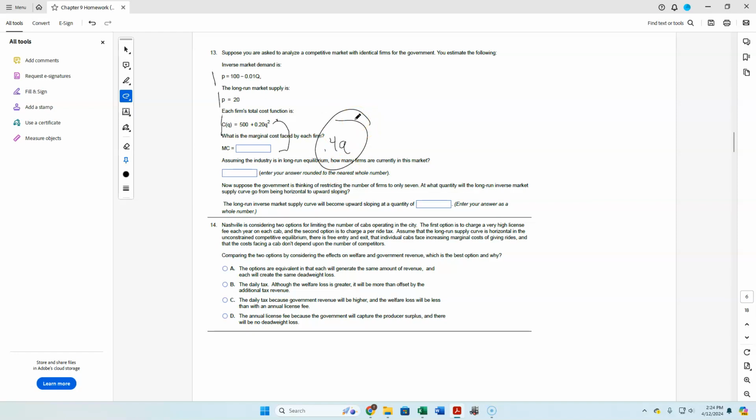Assume that the industry is at the long run equilibrium. How many firms are currently in this market? Well, what we need to do to solve for that is we're going to need to find out what the market quantity is.